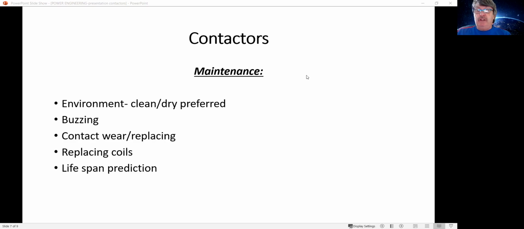Most manufacturers sell, specifically on the higher range of things, coils which you can then self-replace. Generally speaking, lifespan prediction, notwithstanding the 1 million operations or 3 million operations, look at around a 10-year life cycle. If that is switching a process plant regularly, you probably need to plan on around a 10-year replacement.